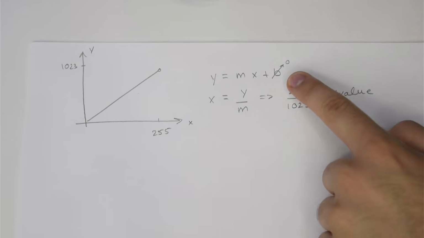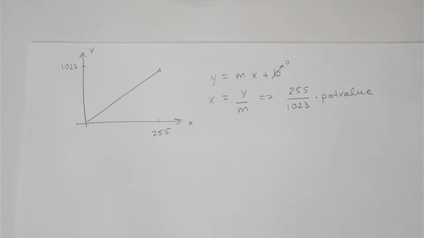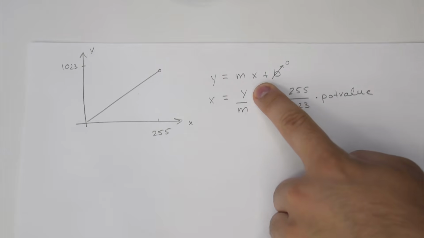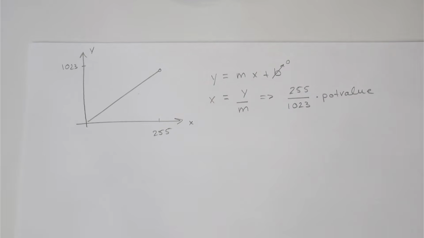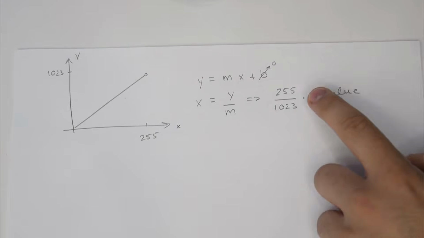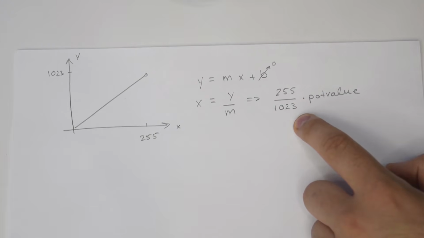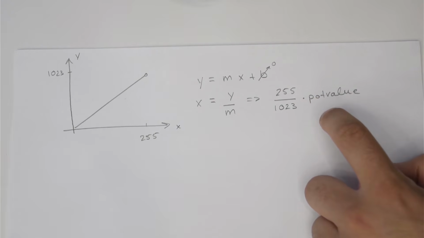That means that our y-intercept b is going to be equal to 0. Isolating for x, since that's what we actually want, and that's our variable called brightness in our code, this is equal to our y divided by m, which was our slope. Doing that gives us 255 divided by 1023 multiplied by pot value.